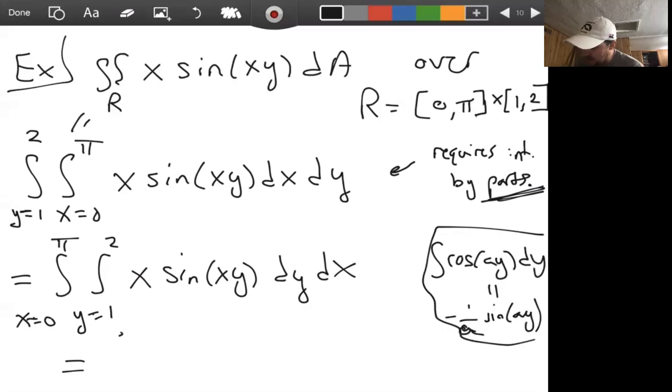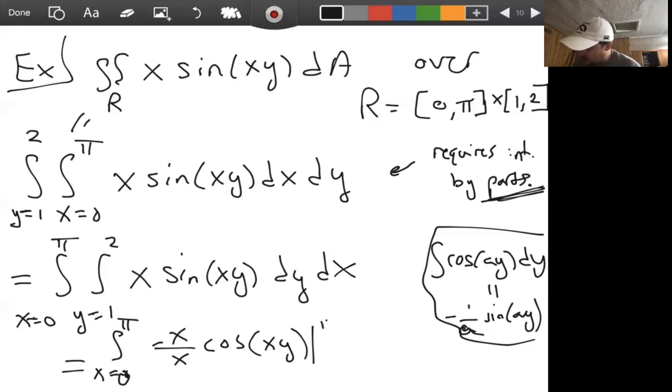And so this is integral from x equals 0 to pi. Once I integrate, I have negative x over x cosine xy, and I'm evaluating this from 0 to pi, right? Or no, sorry, 1 to 2.